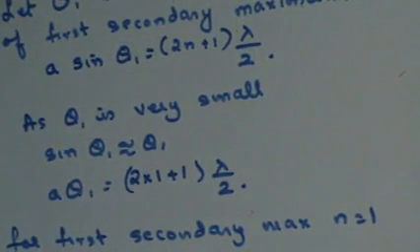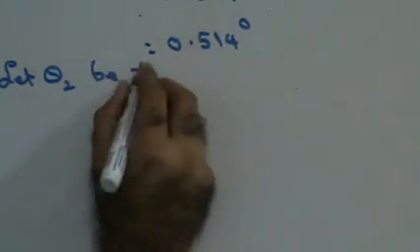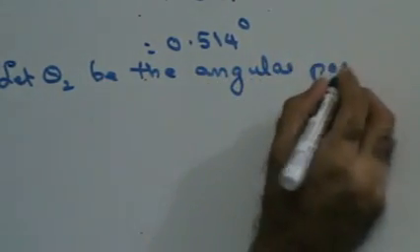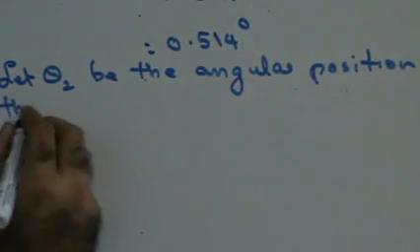So for maxima, this is the formula: a sin theta 1 is (2n plus 1) lambda by 2. Next, let's see the formula for minima. They have also asked you the position for the third minima. Let theta 2 be the angular position of the third minima.